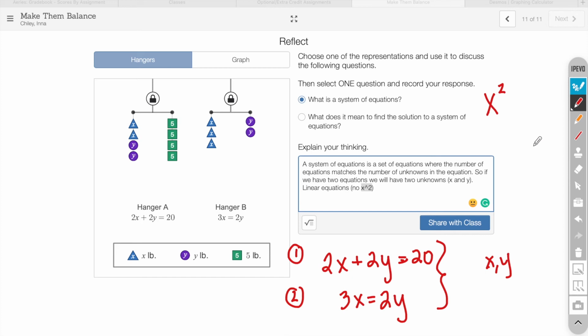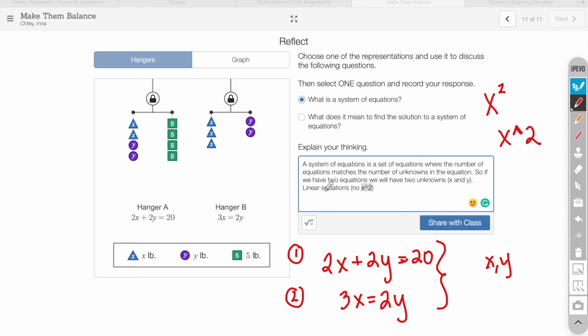A computer keyboard doesn't easily type superscripts. That's what it's called, a superscript. So sometimes people will type x and then caret 2 instead of x to the second power. Those mean the same thing.